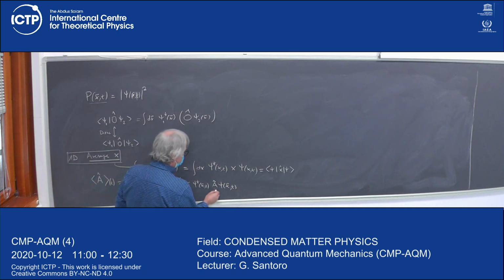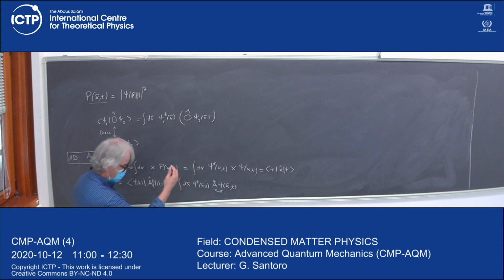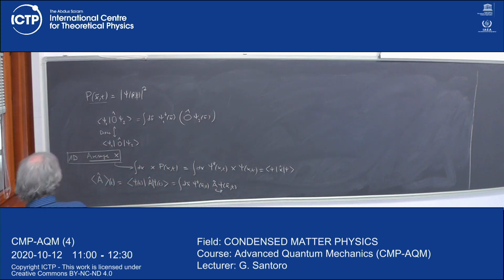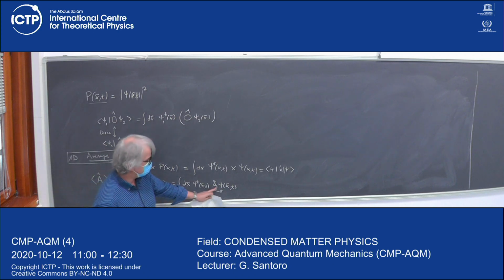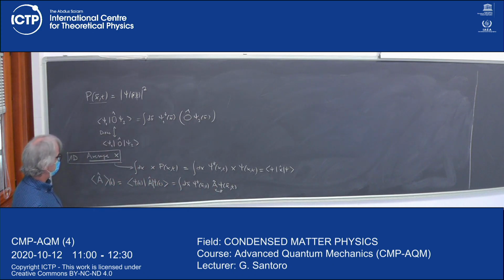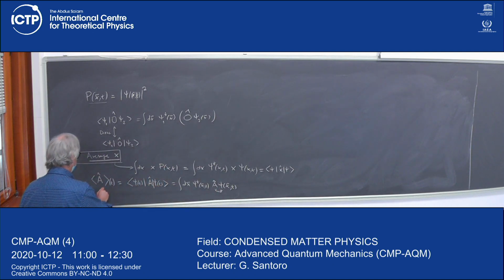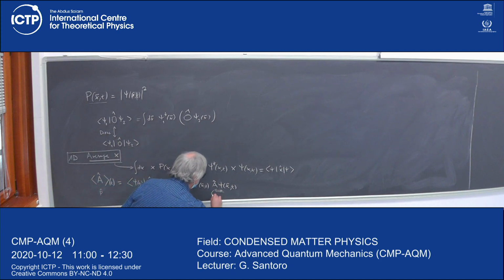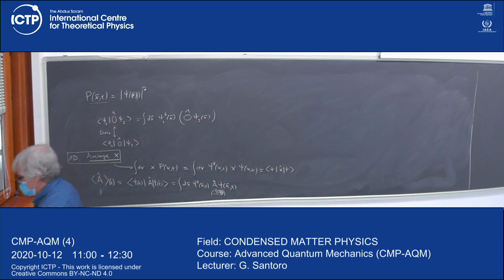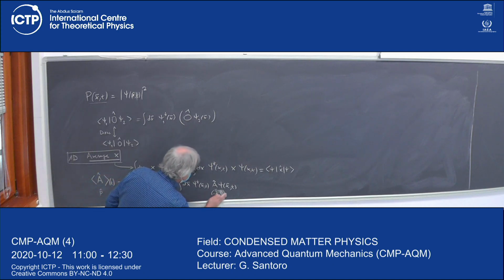Now notice A acts on this state here. Which again means that if I'm asking you, for instance, what is the average momentum, here I should put the momentum operator. So if this was P, then here I would put minus i h bar, the derivative with respect to x, the gradient.